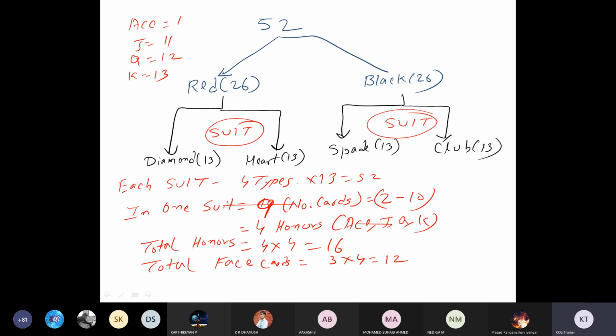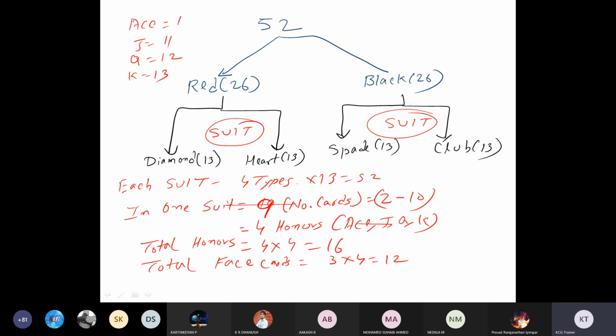Red is divided into two types: one is diamond shaped cards, another is heart shaped cards, equally divided, 13 each. Similarly, black is also divided into two types: spade of 13, club of 13. Remember that spade and club are always black color. Diamond and heart are always red color.